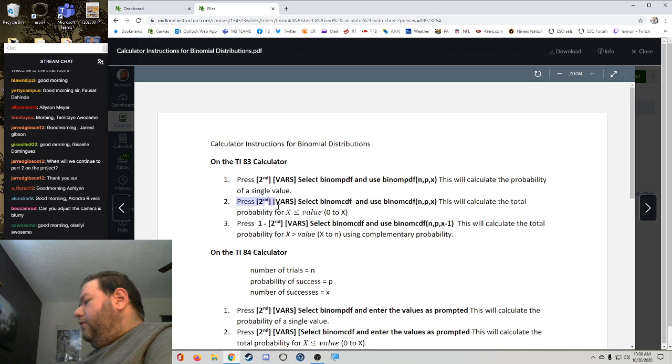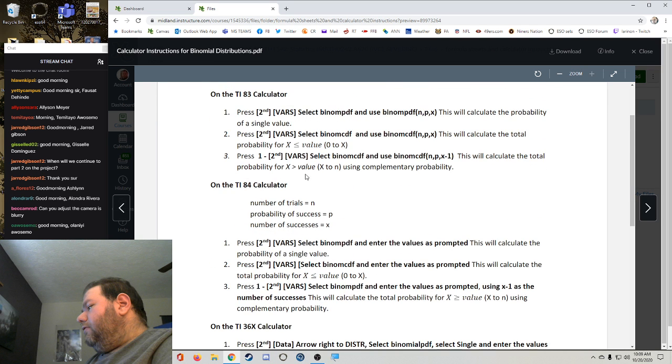But we have some more options that we need to look at, which is where X is not just a single value, but X is a range of values, less than or equal to, which is 0 to X, or greater than, which is from X to N. I guess it's greater than or equal to, sorry.